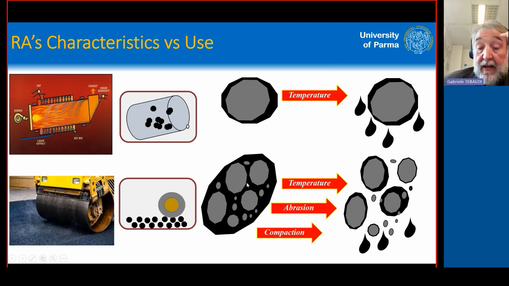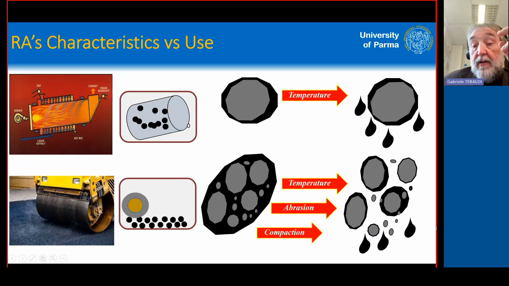But if we have a cluster or agglomerate, all these actions, friction, abrasion, compression, change the characteristics, the size distribution of the RAP, because we have the cluster divided not into the fundamental components, but into several parts, due to the action of the abrasion and the compaction.